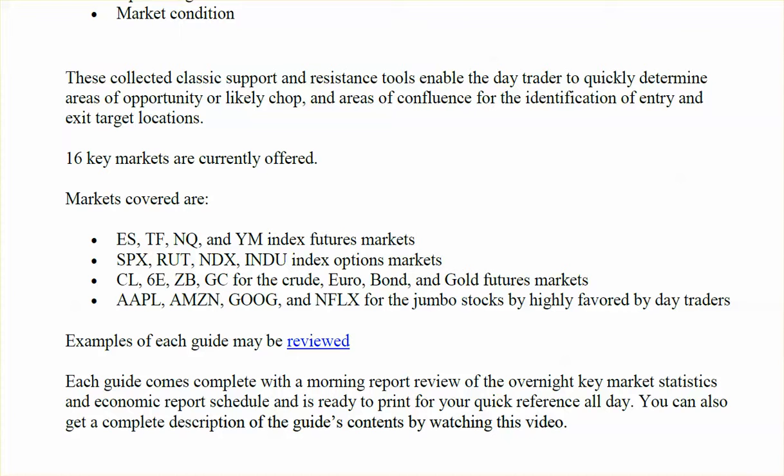Also for the futures traders, crude oil, euro, bonds, and gold. And then for our stock traders, the jumbo stocks, what we refer to as the Apple, Amazon, Google, and Netflix, highly favored, of course, with many day traders.